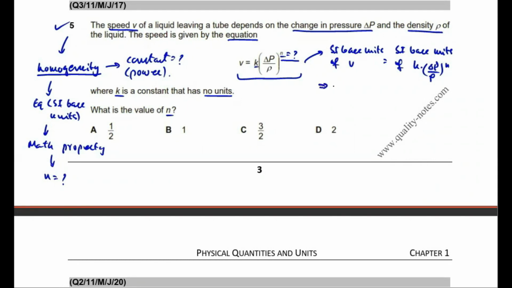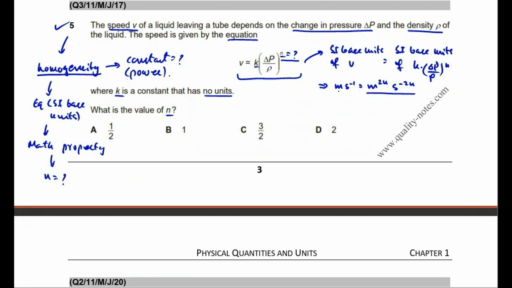Students, SI base units of v are meter per second, and SI base units of k times (delta P over rho) whole power n are meter to the 2n and s to the minus 2n. Students, actually I am skipping some steps here to save time. Students, if you find the SI base units of this expression, you will end up getting these SI base units.